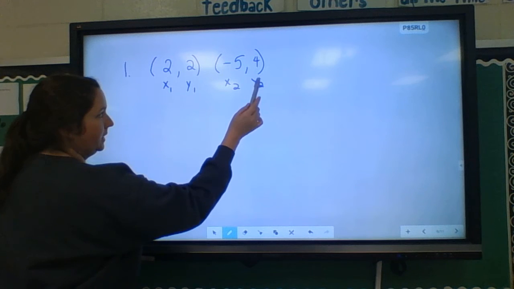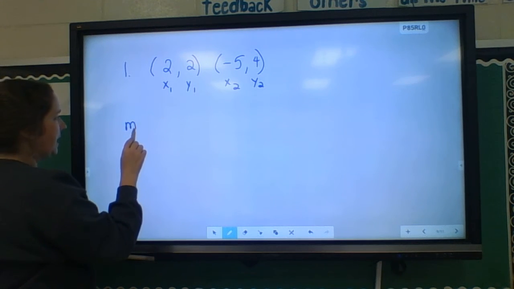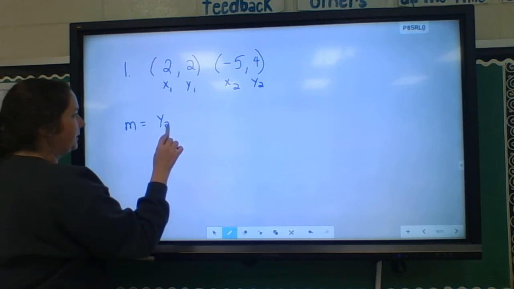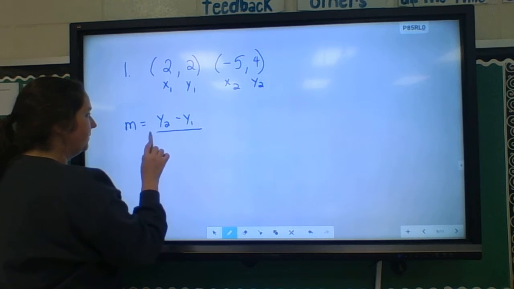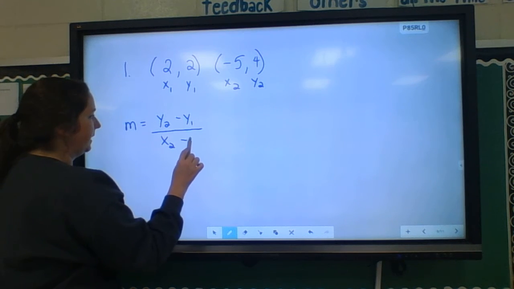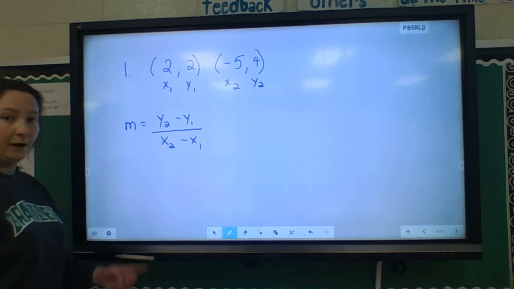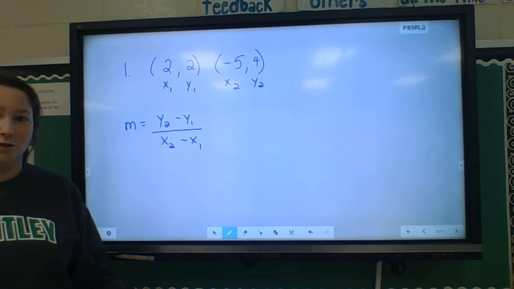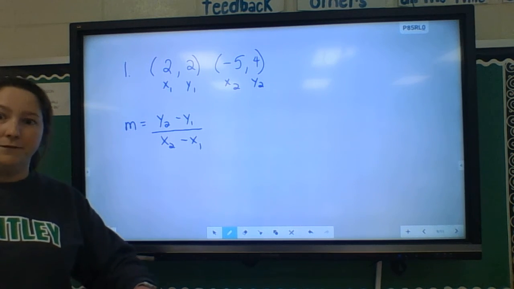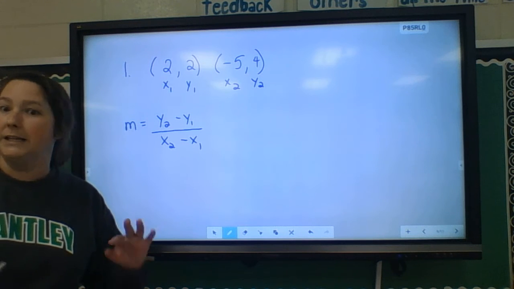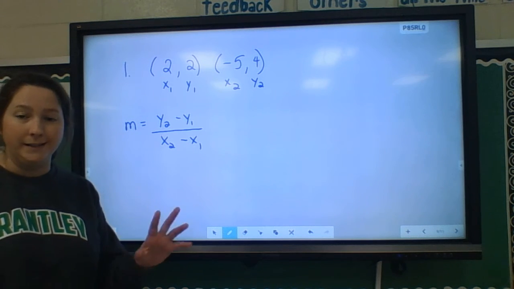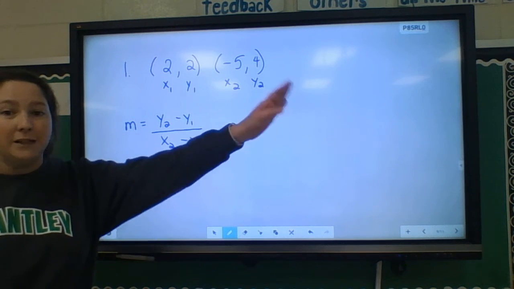All right, so my formula, M equals Y2 minus Y1 over X2 minus X1. That's our formula, it doesn't change. It's like the formula for the area of a triangle. It's always the same from now until forever.